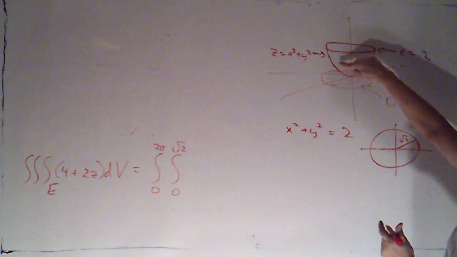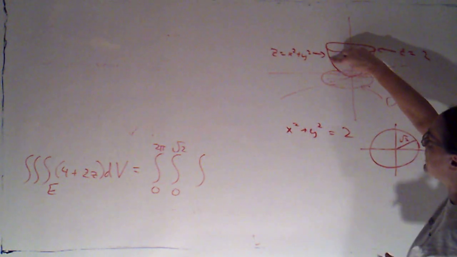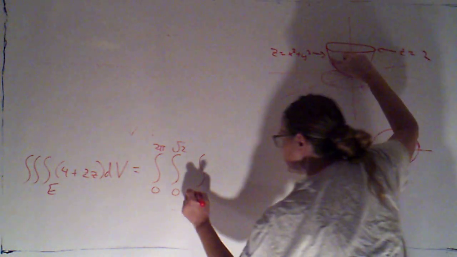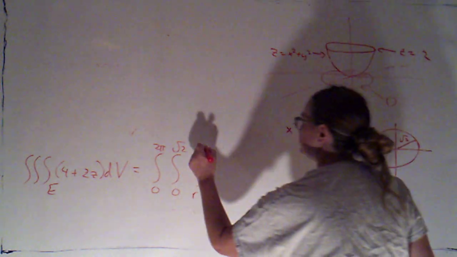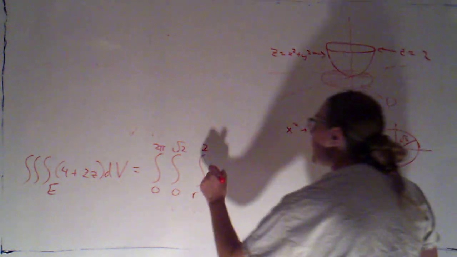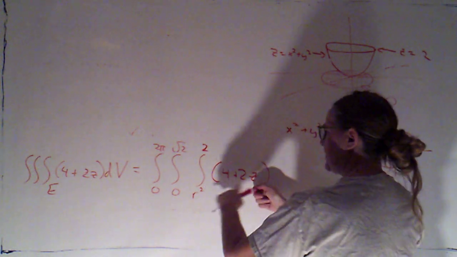And over this disk, my z values go from the z value on the paraboloid, that's x squared plus y squared, which in cylindrical is r squared, to 2. That's the z value on the plane. Then our integrand was 4 plus 2z. No need to change that.